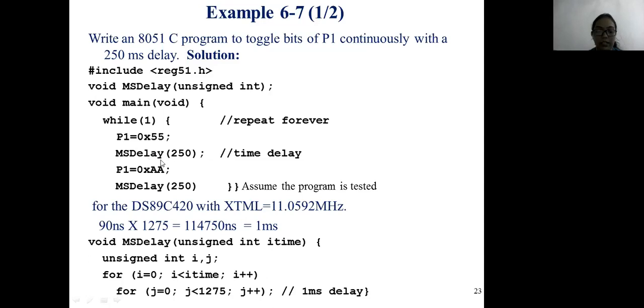By default, this predefined function takes the unit of time as millisecond. So you have to simply load the count here. And before writing this program, you have to define the predefined function msdelay, so that the delay function which you are using directly in the program will take this delay.